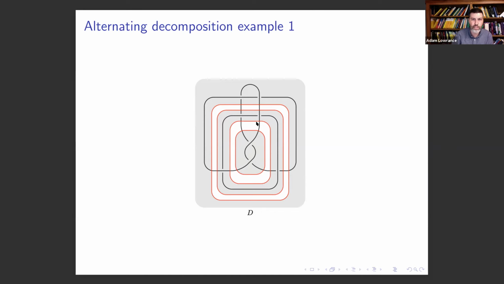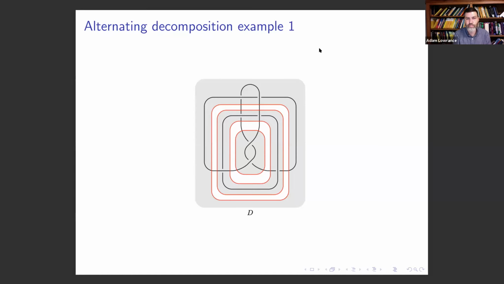And I chose this example at first just to realize that the alternating regions don't have to be disks in the plane. Here you have an annular alternating region, and you can have any planar surface as an alternating region if you make the diagram complicated enough.